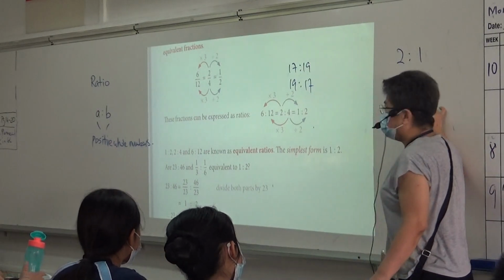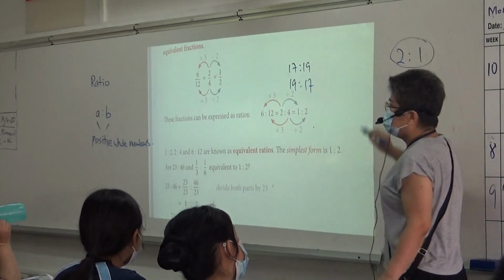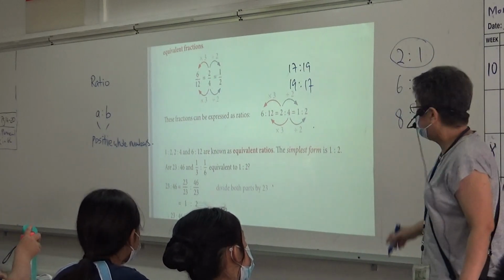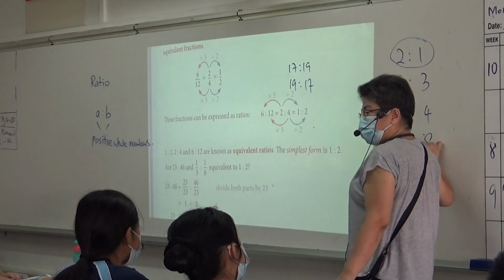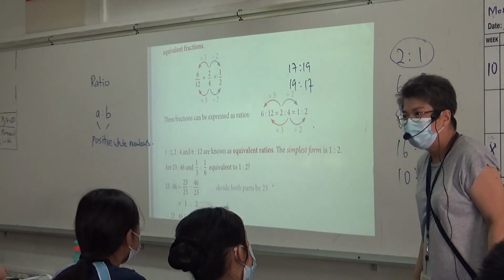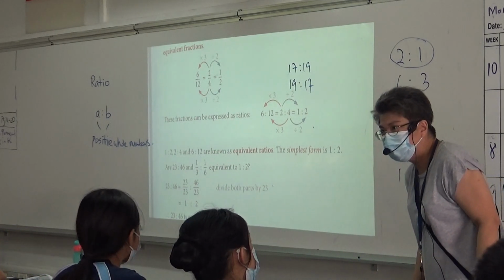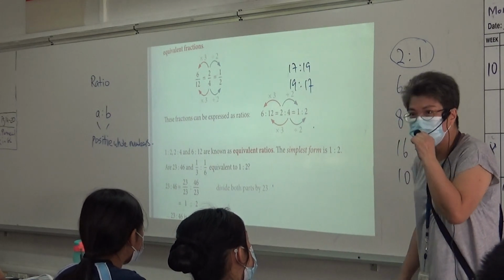It's the same as 8:4. As long as the simplest form is the same, they are equivalent, right? What's another example? 16 is to 8. How about 10 is to 5? Equivalent, okay? So all these are called equivalent ratios, just like we have equivalent fractions.